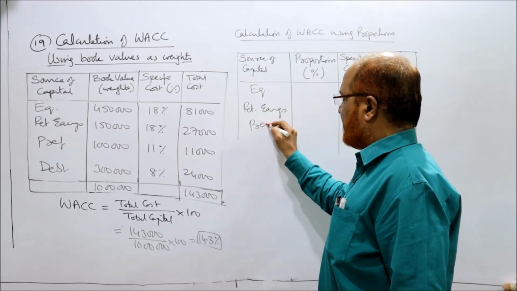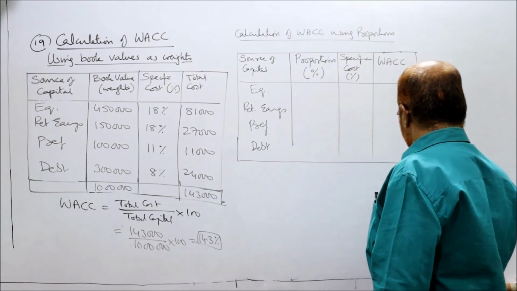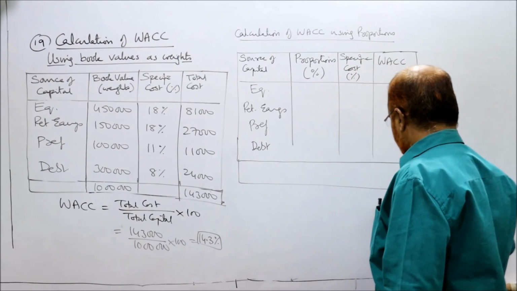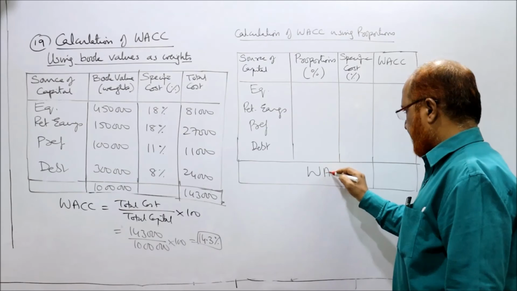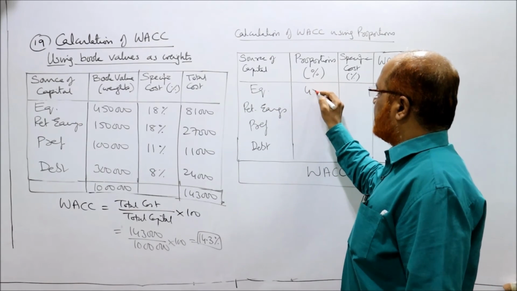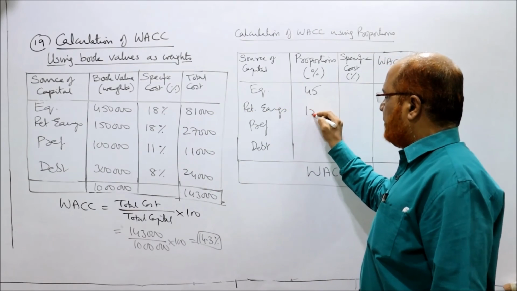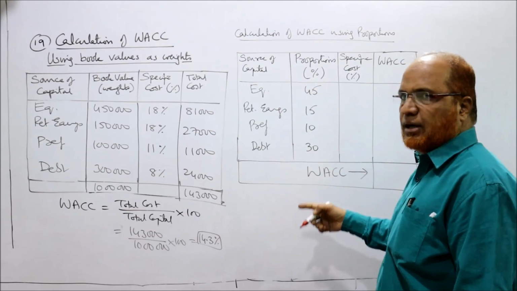Next we take preference. Last one we take debt. Equity is 45% as given in the problem. Then 15%, then 10%. Last one 30%. Total is 100%.